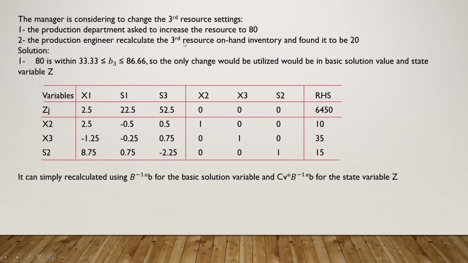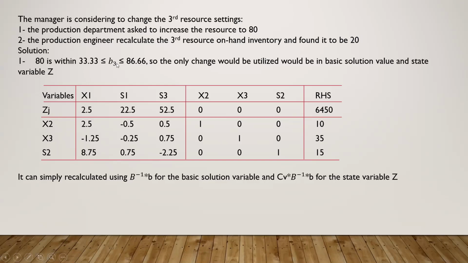How about when it's not within the range of optimality? If we decrease it to 20. Can anyone tell me, if I decrease the resource and let's assume this is still optimal, so he decreased it from 80 to 60, forget it's out of range, what will happen to x2, x3 and x1?